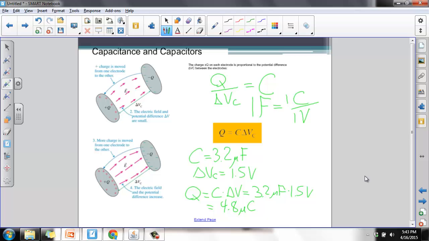So, how do you charge a capacitor? A capacitor is charged by using some sort of potential source, such as a battery. You start off with two plates that are initially uncharged. Then you apply a battery across them. As the charge moves from the top plate to the bottom plate, the top plate becomes more negative.